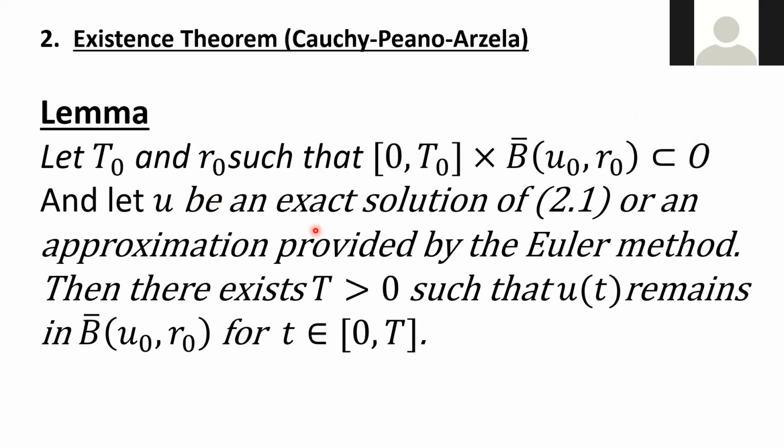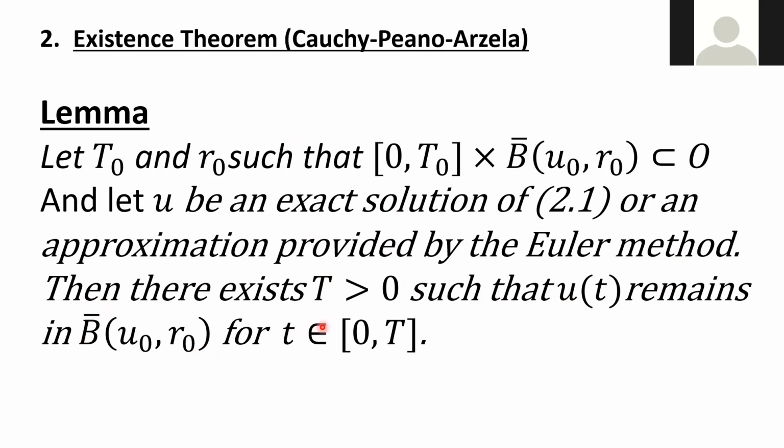Then if I choose a T sufficiently small, we can prove that u(t) remains in the ball here, even if u is my exact solution or any solution provided by the Euler method.